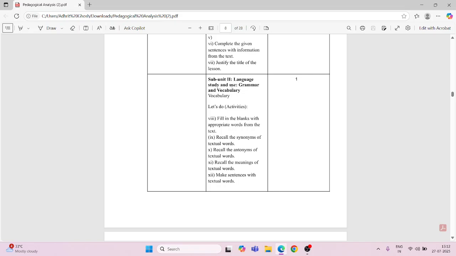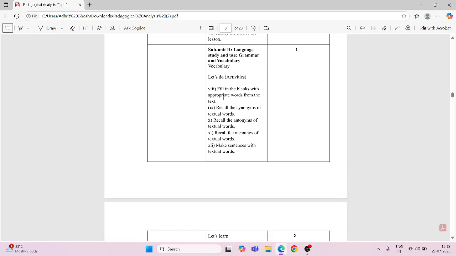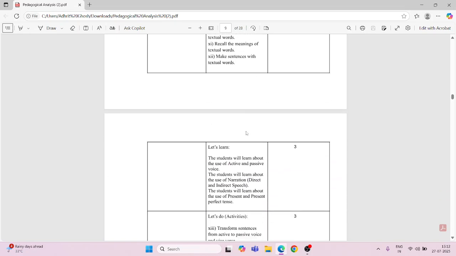Then you have subunit 2, that is whatever is related to grammar and vocabulary you need to teach. You record the activities and the theory portions that you need to teach from there. For example, you have taken the vocabulary part up. The vocabulary might include synonyms, antonyms, or maybe word meanings, make sentences, these activities based on vocabulary.